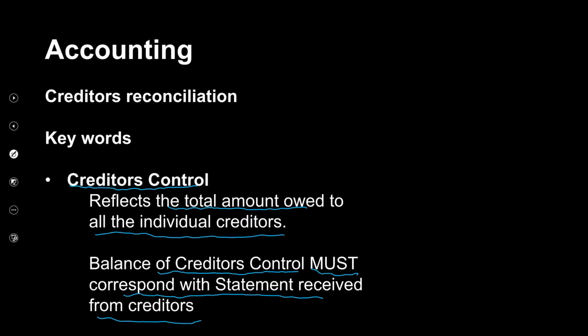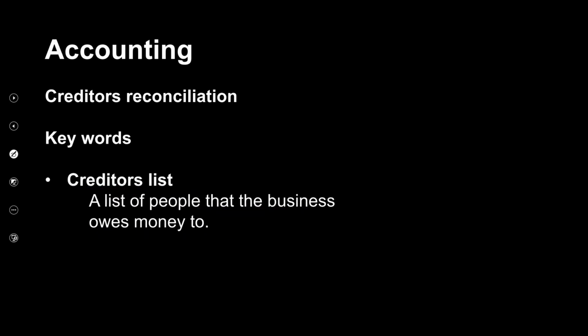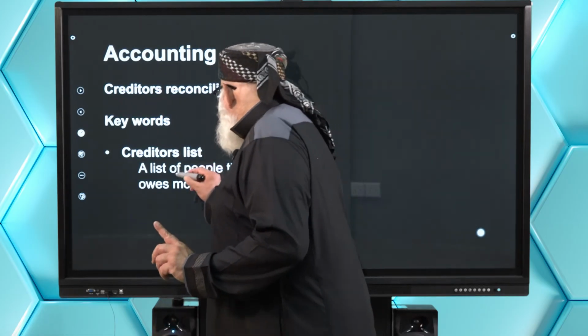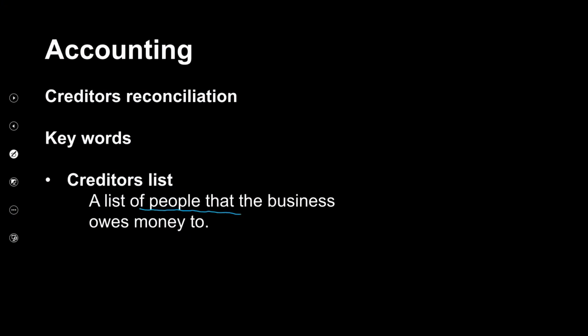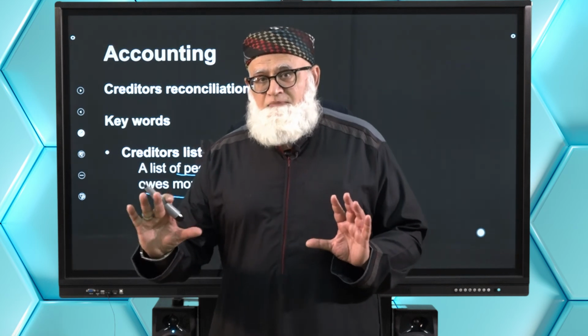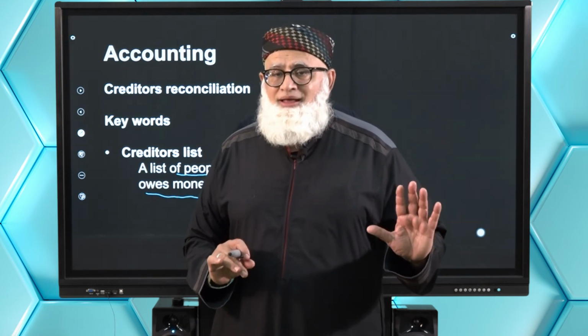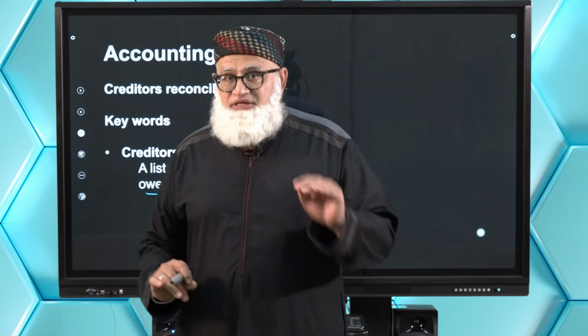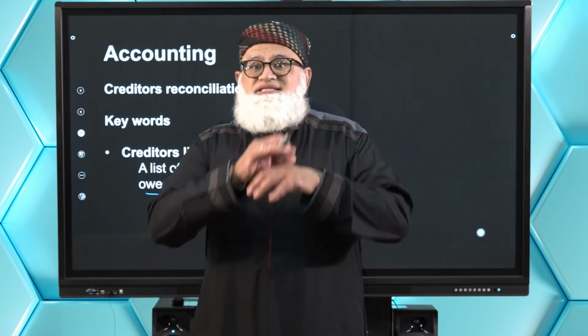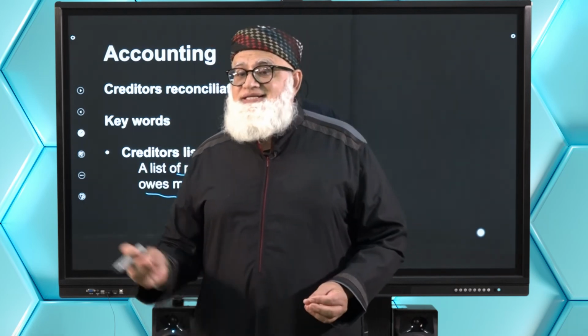Again, a reminder, a creditor's list is a list of people that the business owes money to. In other words, let's take it back a few steps. Number one, the creditor's control account in our records is a summary of the creditor's list.